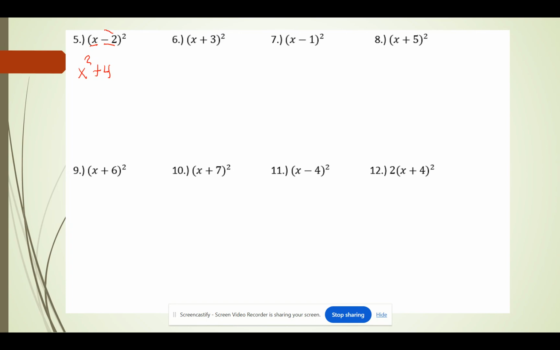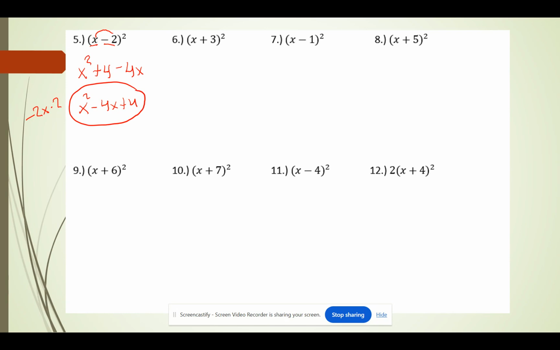Then we multiply these together, and we get negative 2x, and then we double it, and that's negative 4x. So x squared minus 4x plus 4 is what you would get if you FOIL that out.